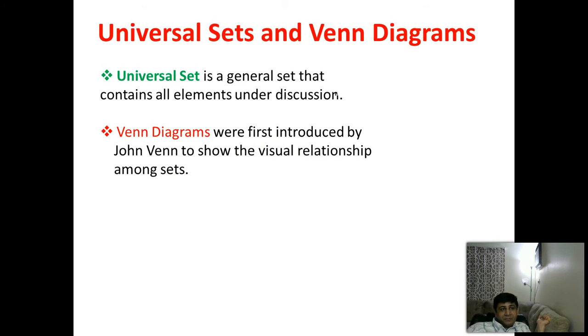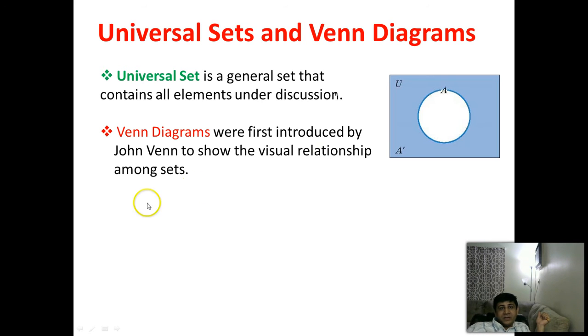These diagrams are used to express visual relationships among different sets. Nowadays they are very popular in all fields of science because they make things so clear and easy to understand. Now here is an example.